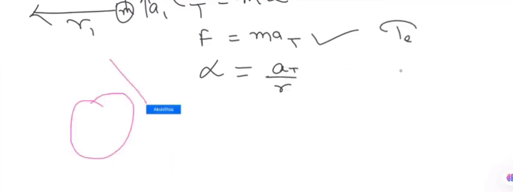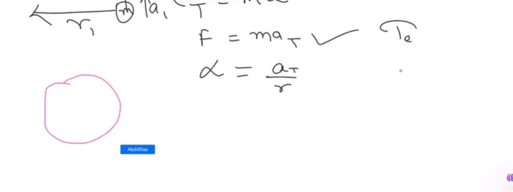Yes, ma'am. Tangential acceleration is when it goes like this. If this is the Earth and this is the Moon, I had one example, ma'am.